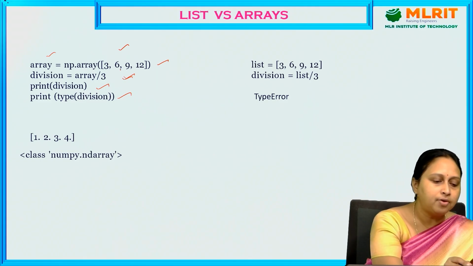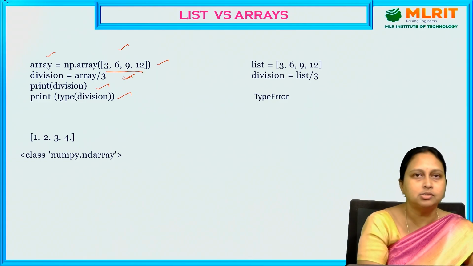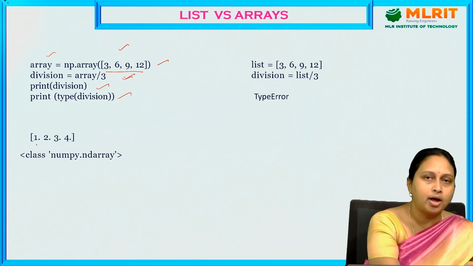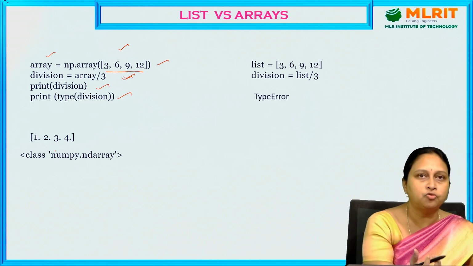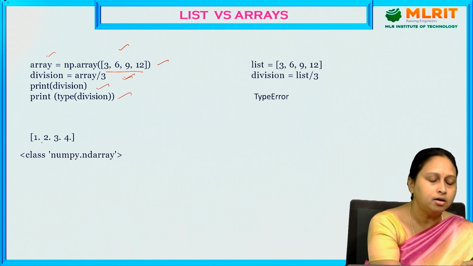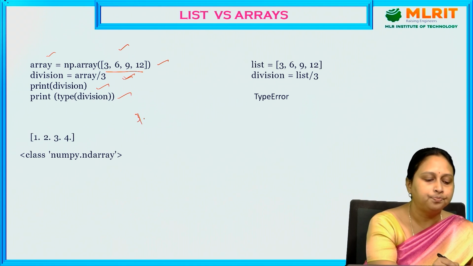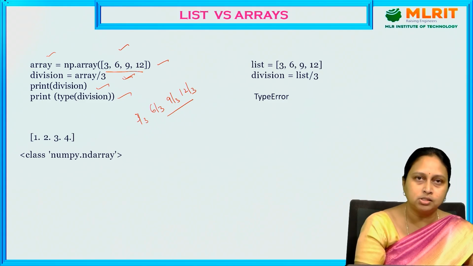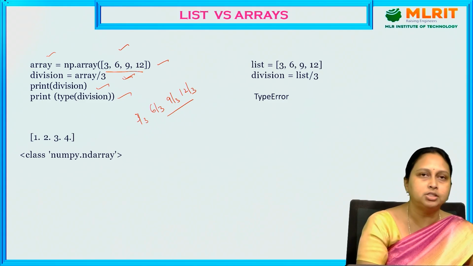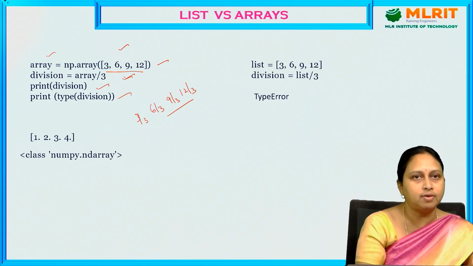Now, after dividing 3, 6, 9, 12 by 3, what is the resultant value you are going to get? You are going to get 1 point, that means in terms of floating values, it is going to give 1, 2, 3 and 4. That is 3 divided by 3, 6 divided by 3, 9 divided by 3 and 12 divided by 3. It will divide the values in this way, and it is going to display in terms of floating values.